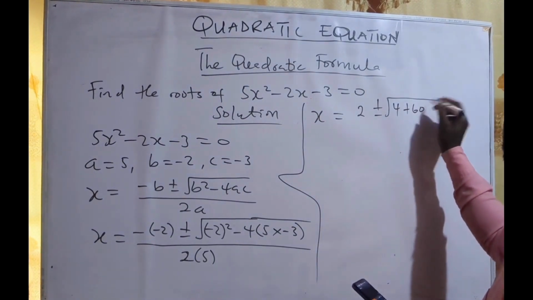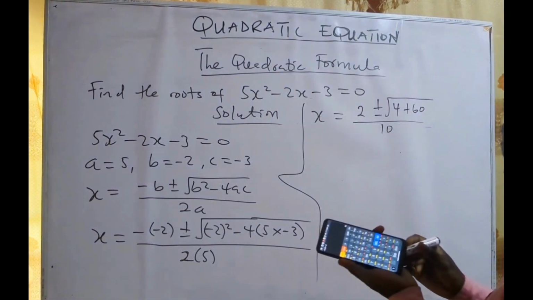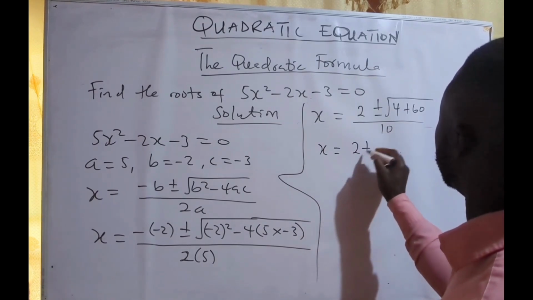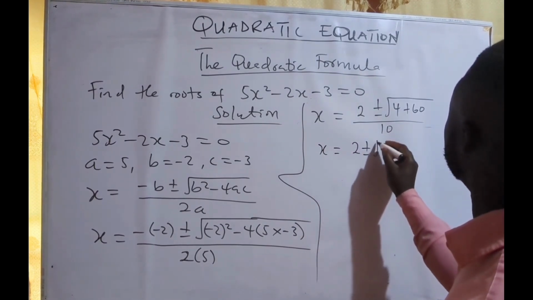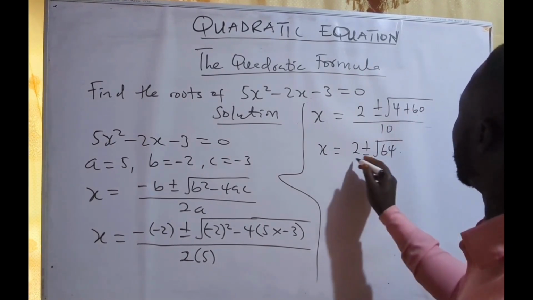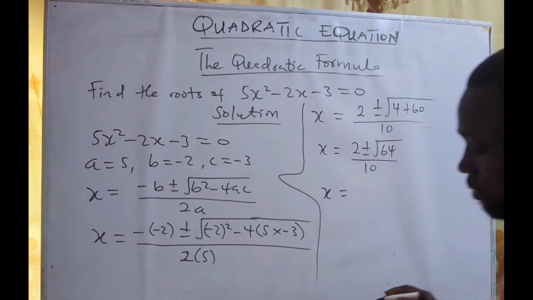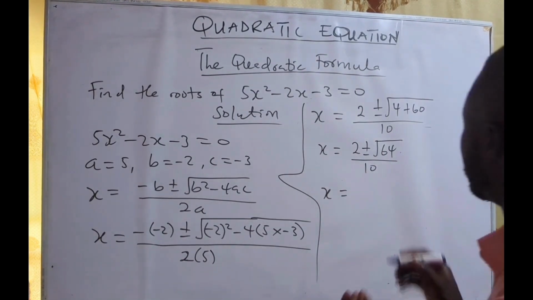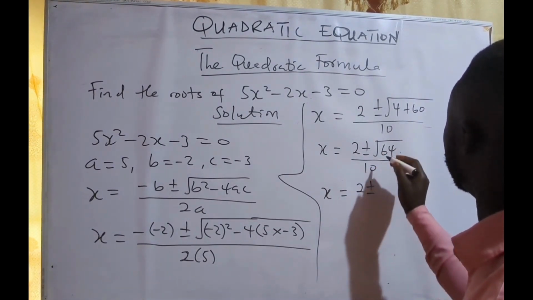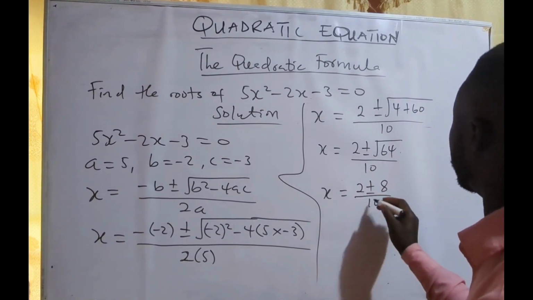So plus 60 all over 10. So my x will be equal to 2 plus or minus square root of 64, since 60 plus 4, all over 10, and my x will be equal to 2 plus or minus, what is the square root of 64? That is 8 over 10.